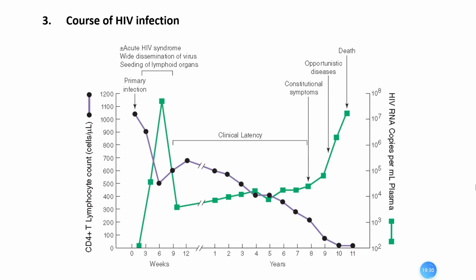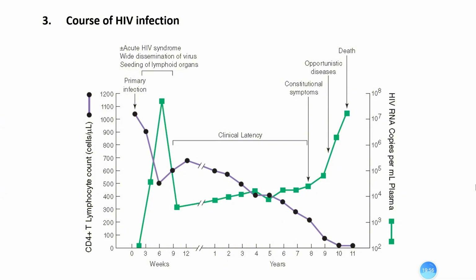Then after that, for a long time, this might take 10 years, the HIV virus level can be kept at a low level for a very long time. This time we call clinical latency. No symptoms for this long period of time.